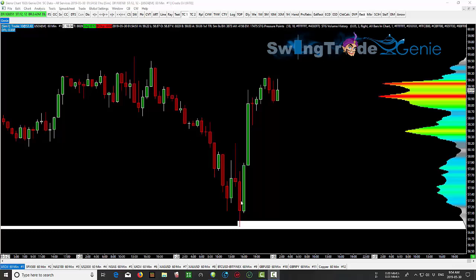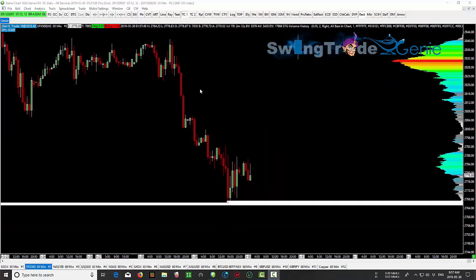The market declined into that area, and what a reversal off of that area. 56.90, and now we're sitting at 59 the very next day. So very significant move off of that level, which is often quite typical of the Swing Trade Genie levels.